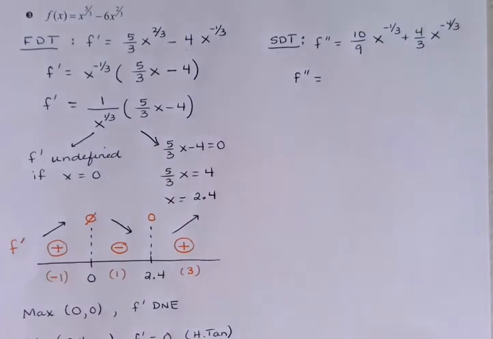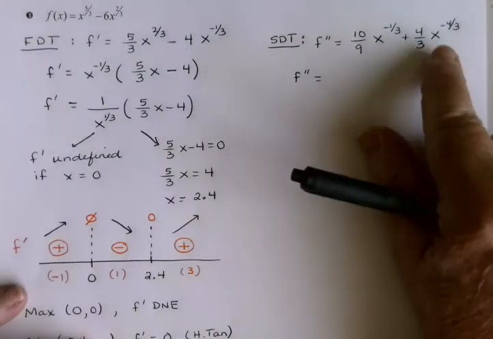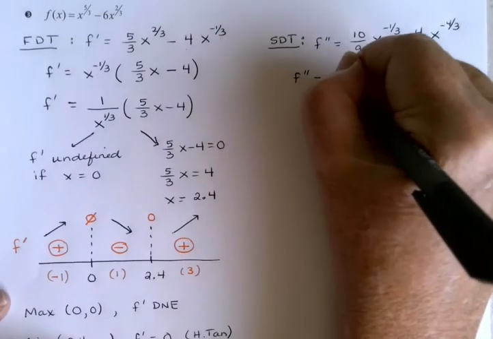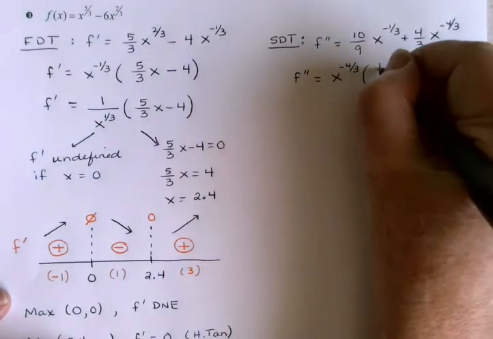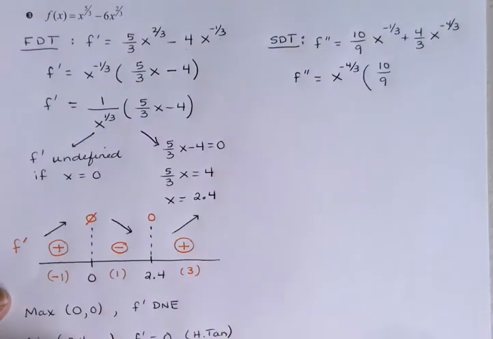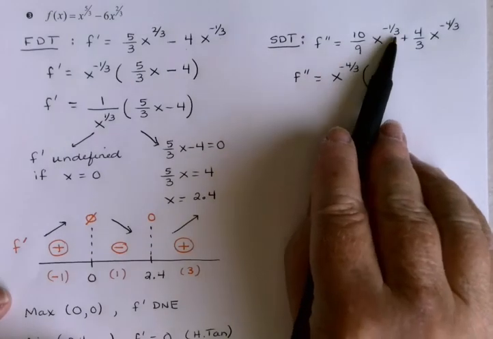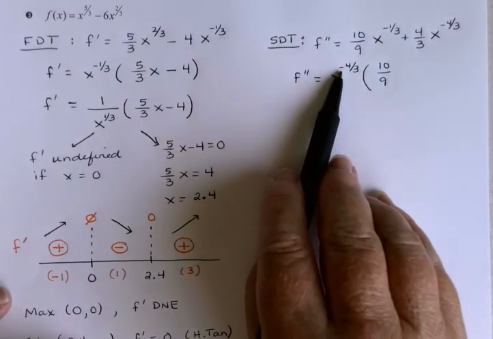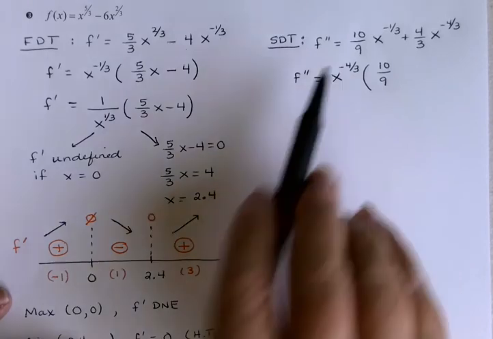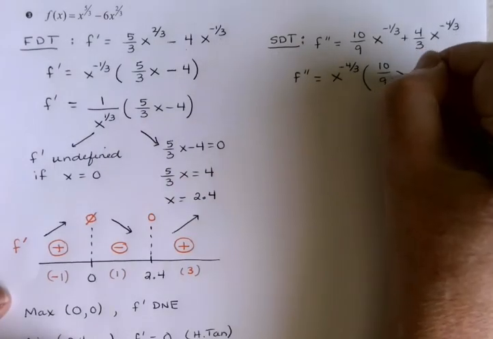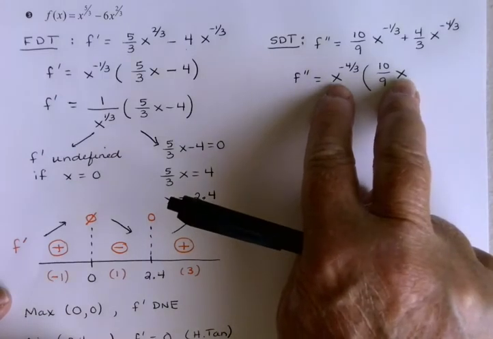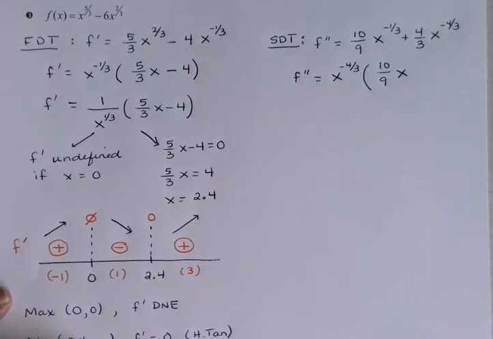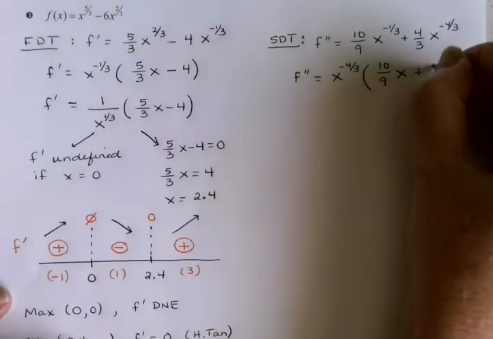And I'm going to go ahead and follow that same procedure that I've been using. I'm going to factor out the smallest power of x, so x to the negative 4/3 here. That's going to give me 10/9. Negative 1/3 minus a negative, or plus 4/3, would be 3/3, just x to the first. Right, again, just double check. Negative 4/3 plus 1, negative 1/3, plus 4/3.